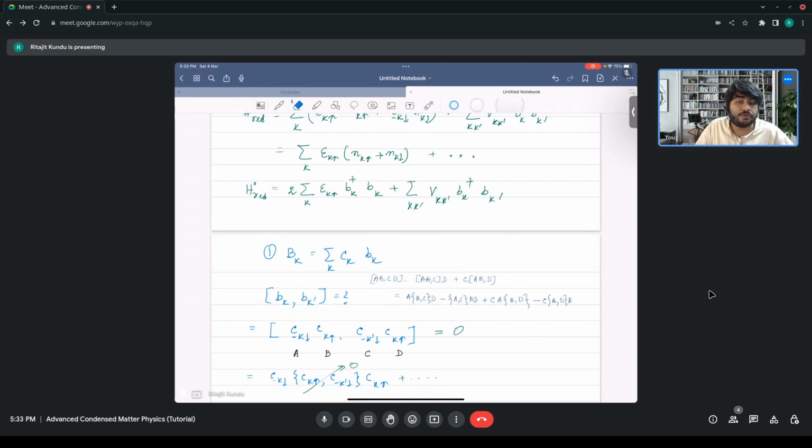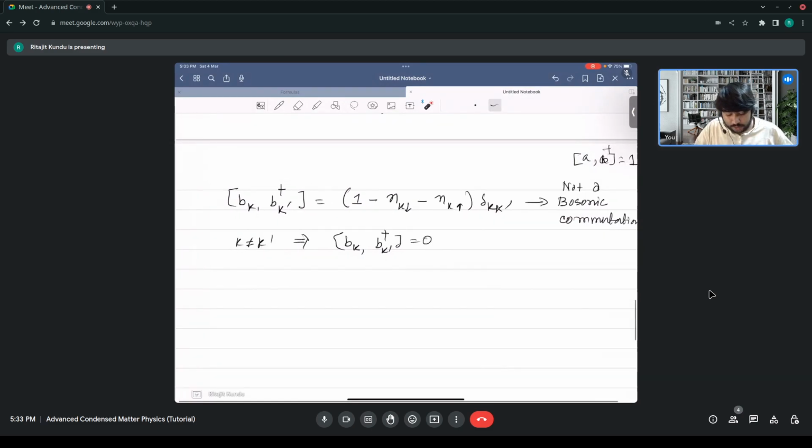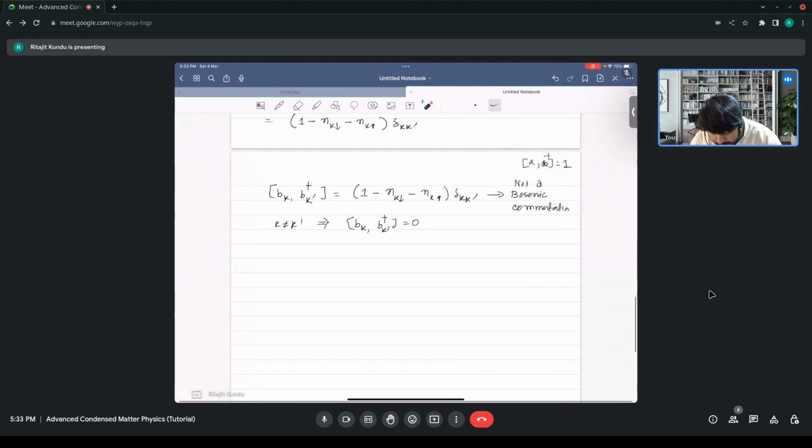These are made out of electrons, and electrons under the hood obey Pauli's exclusion, okay? So when you write B's in terms of these fermions, that also brings up Pauli's exclusion, which is seen in this term, okay? So this is not purely boson, but there is something that will help us.